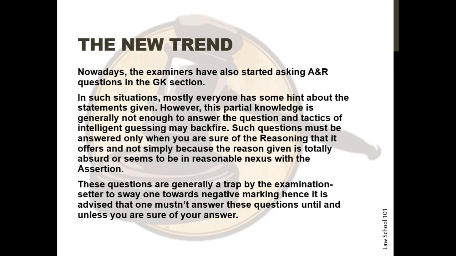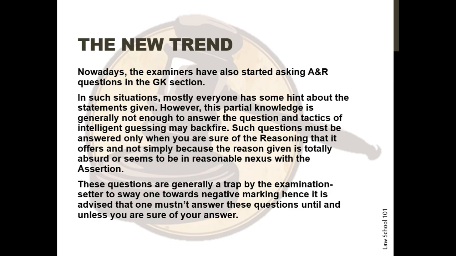An example of a current affairs question is: Assertion: WHO recently declared the end of the Ebola virus outbreak in Congo. Reason: WHO initiated the Stop the Virus drive in Congo in 2016. Now, those of us who are in touch with current affairs recently know that the assertion is true.